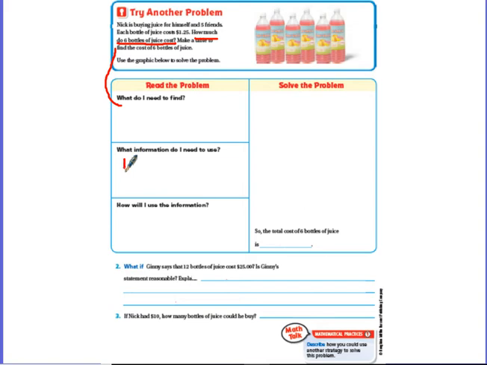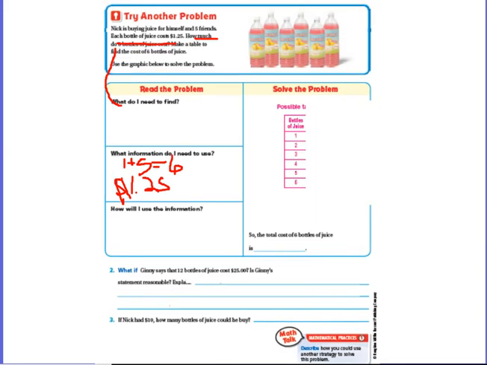Well, I know there's him plus 5 more friends, so that makes it 6. What else do I need to know? I know each bottle costs $1.25. Okay, so let's make a table to show what that would look like.